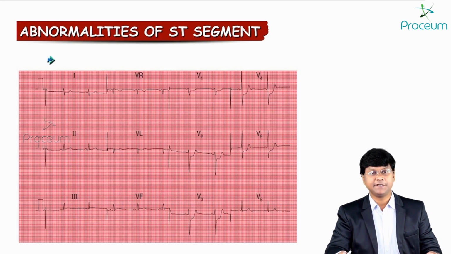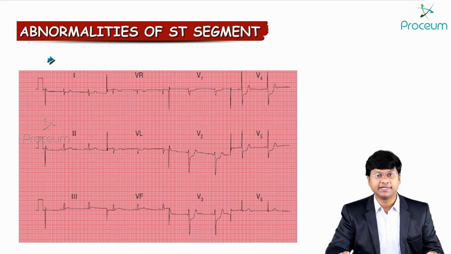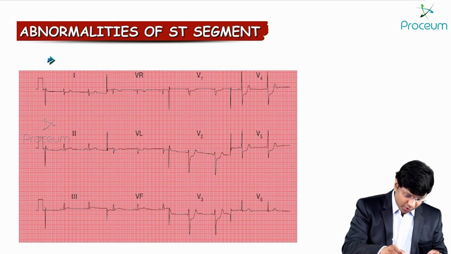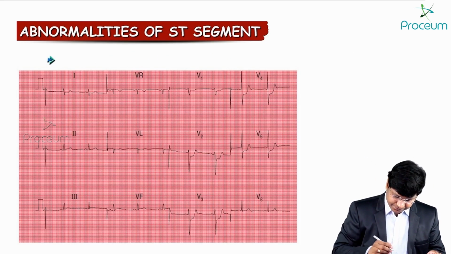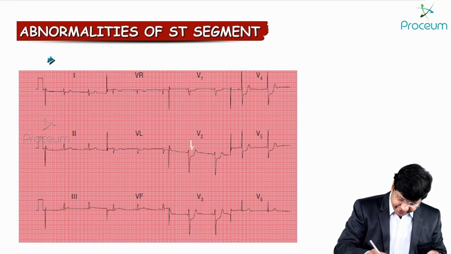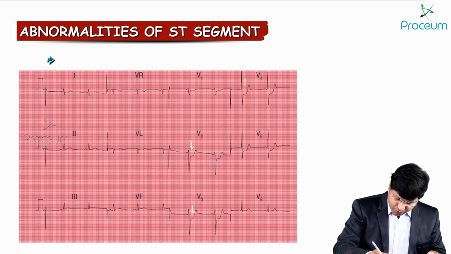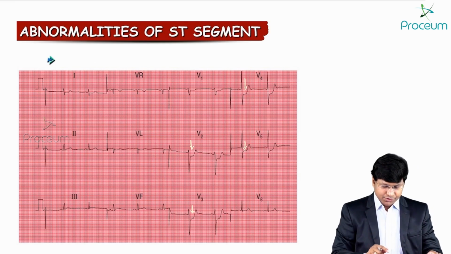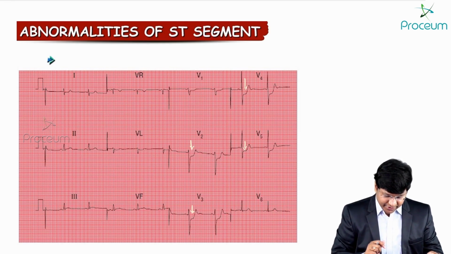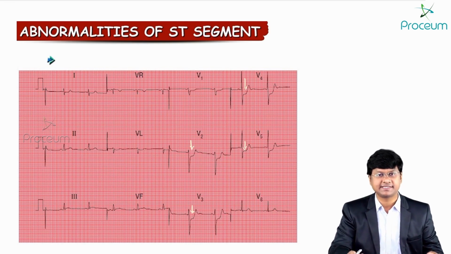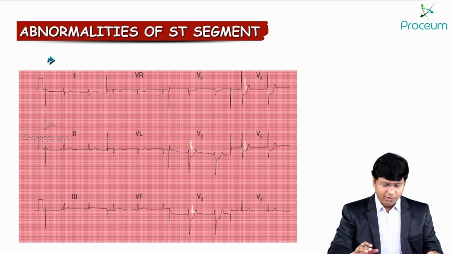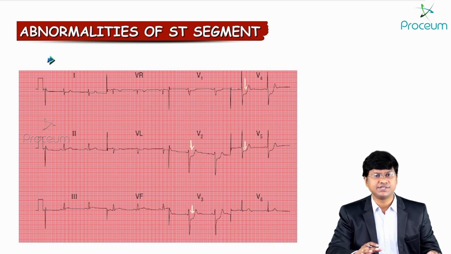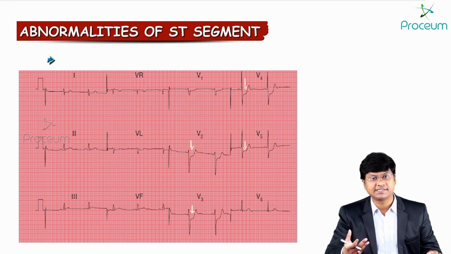If you see this ECG and directly concentrate on the ST segment, you can observe ST segment depression in leads V2 and V3, and also in V4 and V5. These are the leads where you have ST segment depression in this ECG, and it is an upsloping ST segment depression.